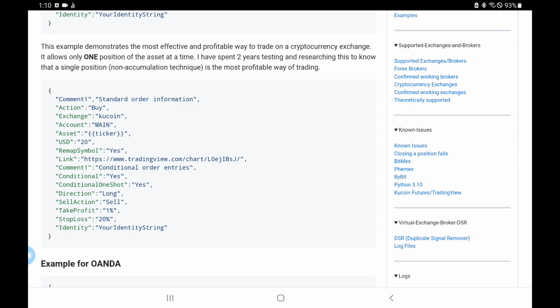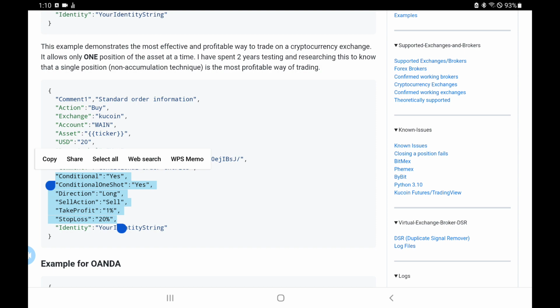The conditional one-shot approach addresses this issue directly. And that is, it tells the whole system that only one single position for this asset is allowed. That's it. Any other orders coming in are to be ignored. So you'll see that on the second line in the blue box, conditional one-shot yes.